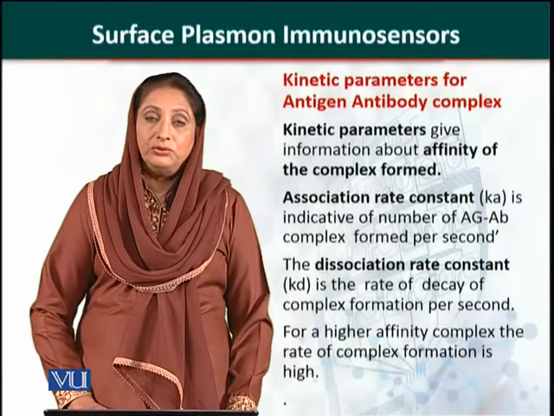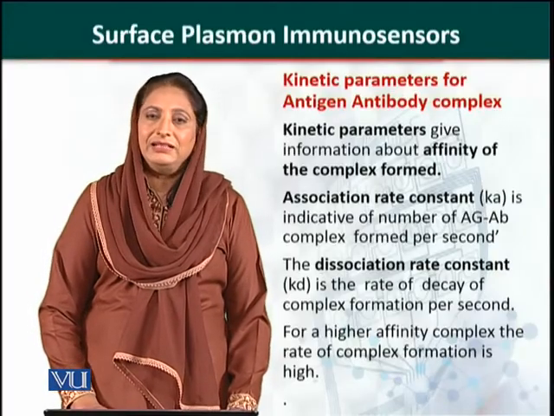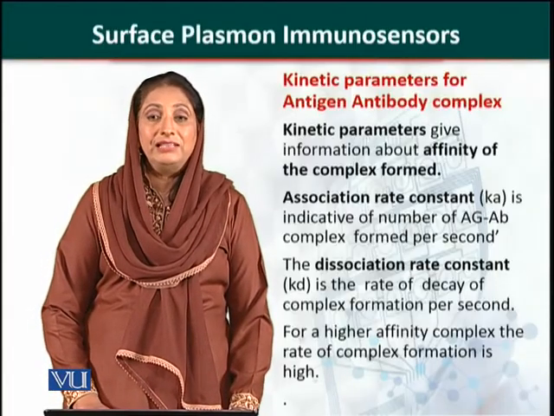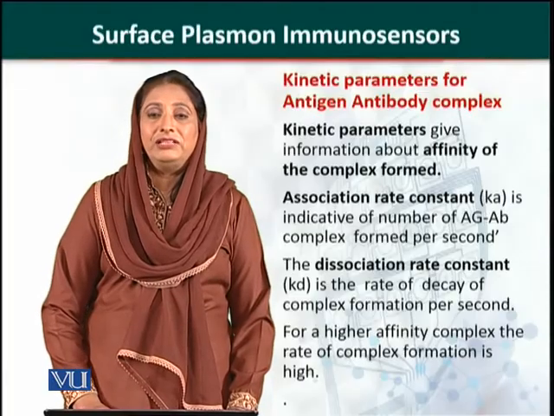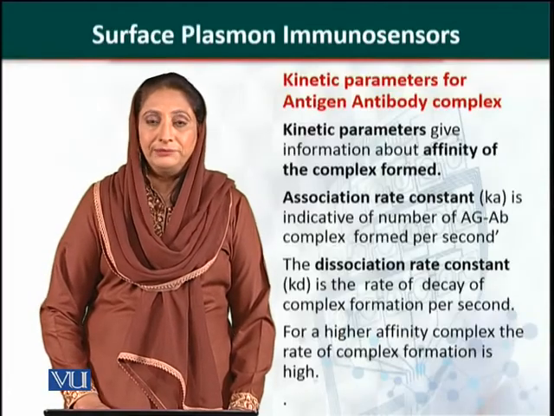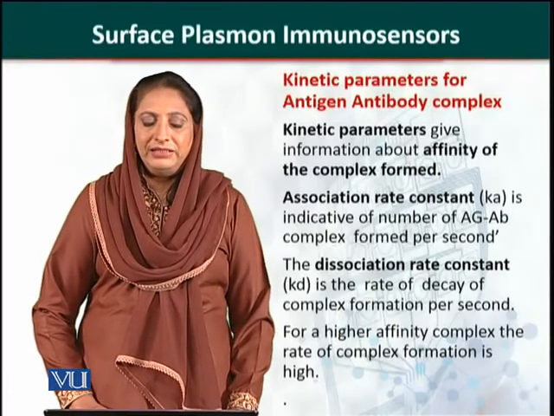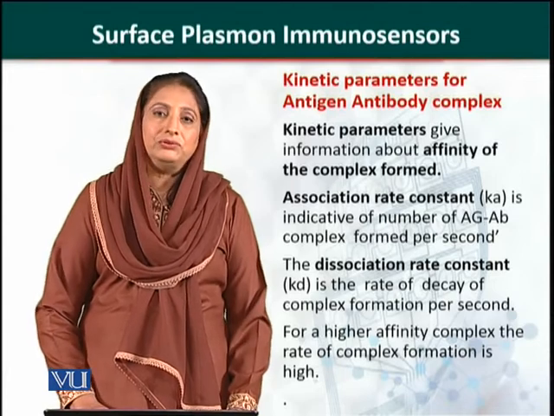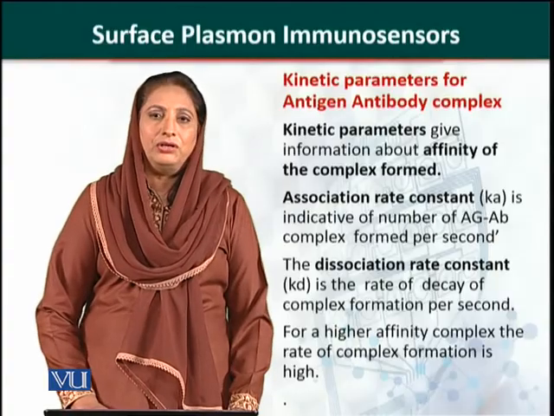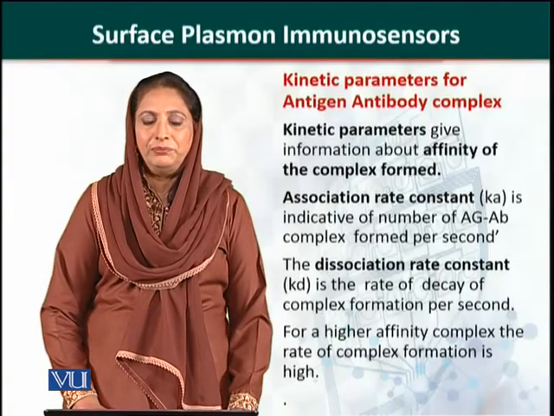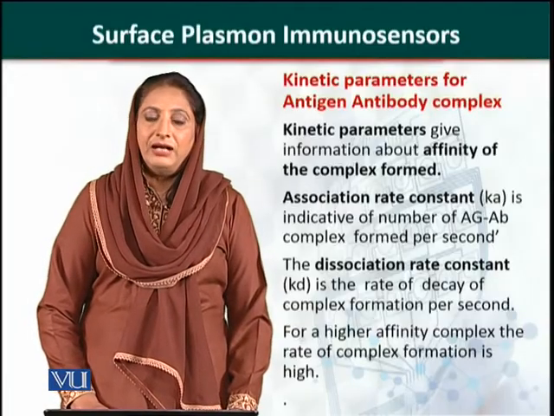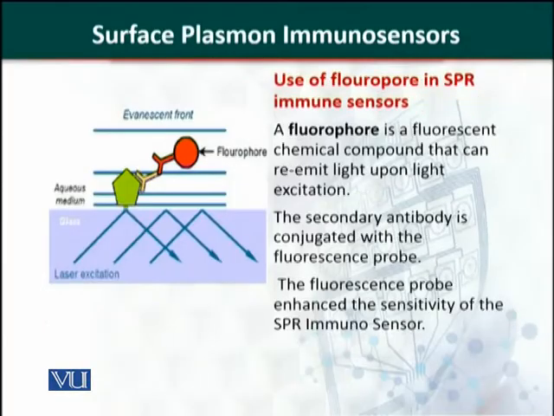First is the association rate constant and second is the dissociation rate constant. The association rate constant tells us about the rate of formation of an antibody and antigen complex in a particular time, that is a second. And the dissociation rate constant tells us about the rate of dissociation of the antigen and antibody complex. For a good affinity, we need a higher association rate constant.